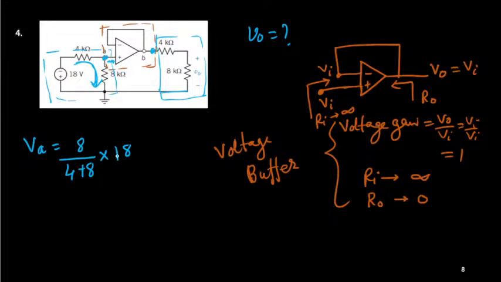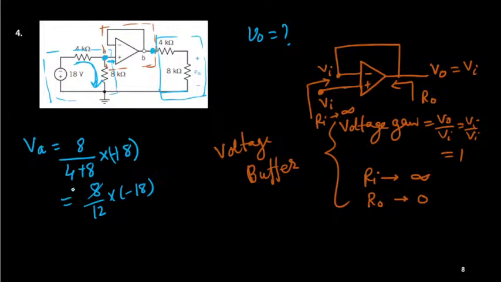Okay, exactly, you are correct. This is not 18, it is minus 18 volt. So the value is 8 by 12 into minus 18.